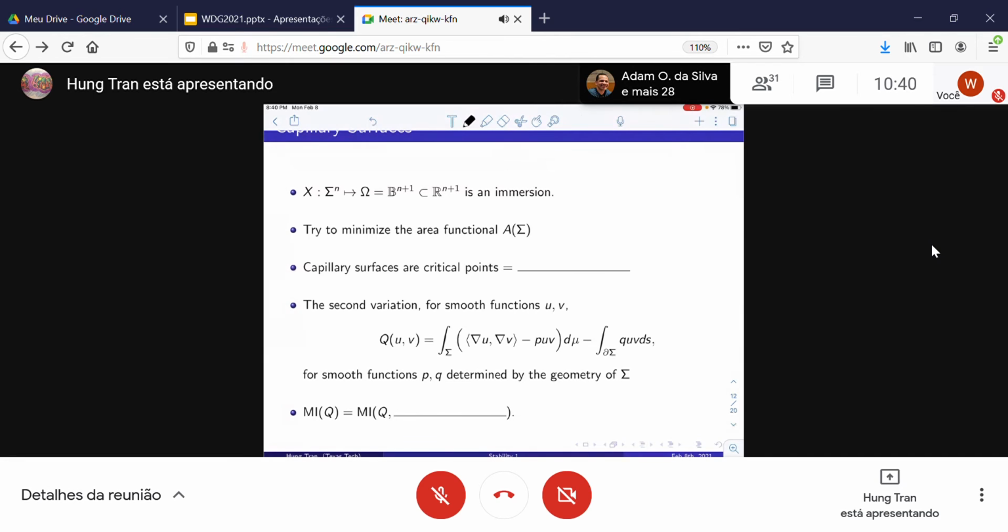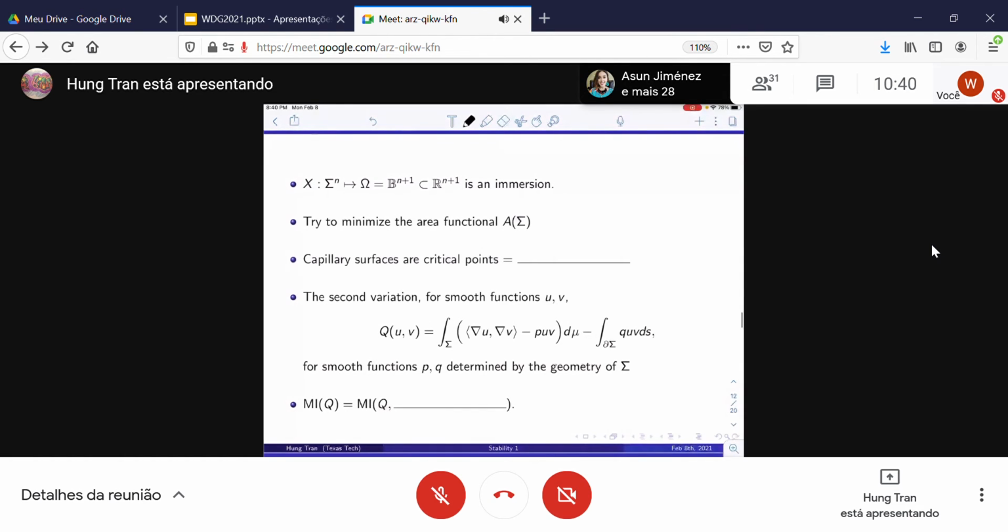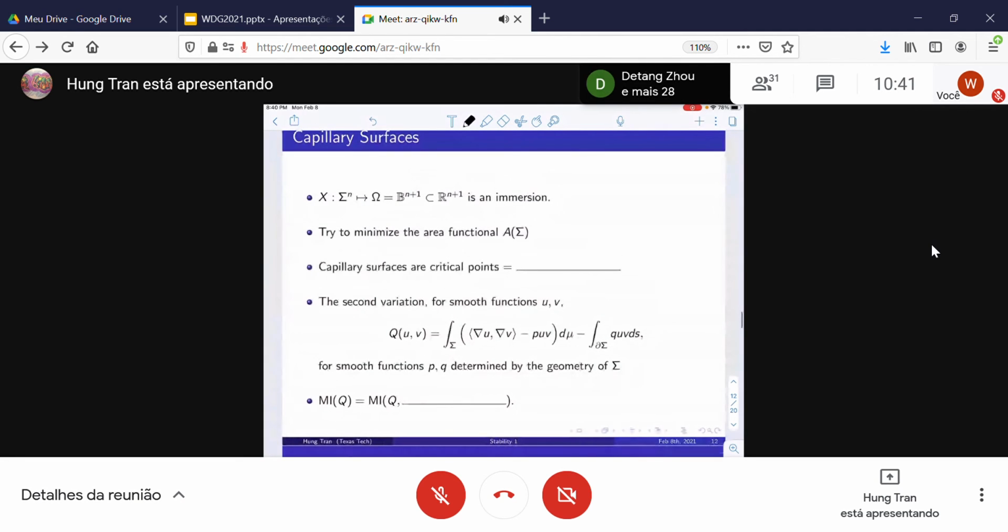So you try to minimize the area of the immersion given some condition. Capillary surfaces are critical points, and what it means is that, here I'm just going to give the most general definition for capillary surfaces, which means you have constant mean curvature hypersurfaces.